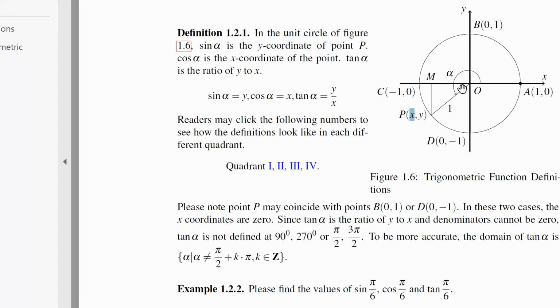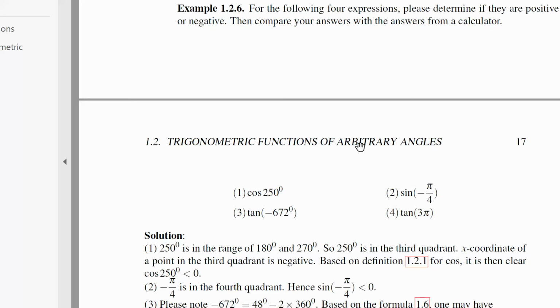So the x coordinate of a point in the third quadrant is negative, and based on the definition we have seen a moment ago, cosine 250 degrees will be negative.